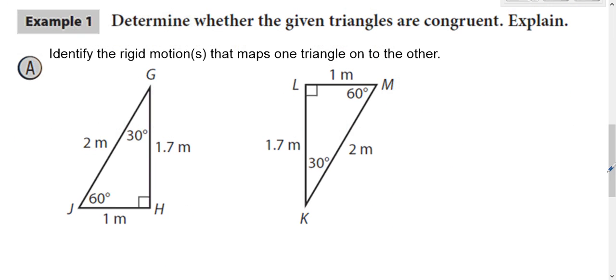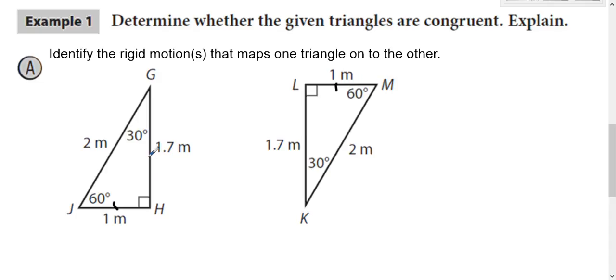So let's look at a couple of triangles here. We're going to decide if they are congruent, and then if they are congruent, we'll talk about some rigid motions that will map one triangle onto the other. So if they are congruent, all three of their sides need to be congruent to the three corresponding sides of the other triangle. So we've got a 1 meter side and a 1 meter side.